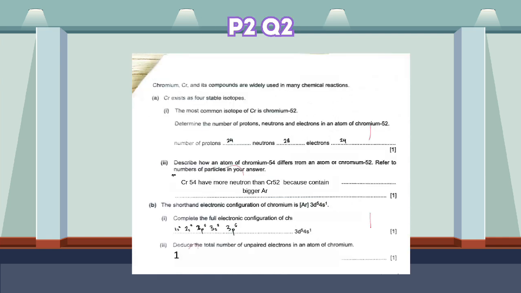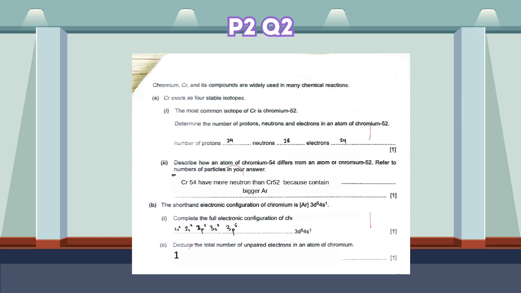And then for the next question, describe how an atom of chromium-54 differs from an atom of chromium-52. Refer to numbers of particles in your answer.